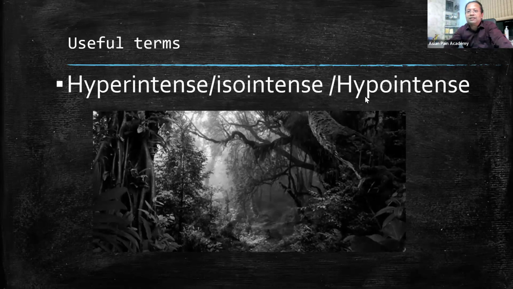Hypointense is relative: if A is hypointense compared to B, then B is more white and A is a bit blackish. If A is more hyperintense than B, it means A is more white. So this is the medical term. You know, in ultrasound it is hyperechoic, isoechoic, hypoechoic. Same thing.